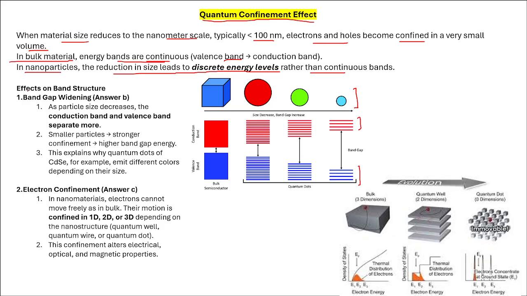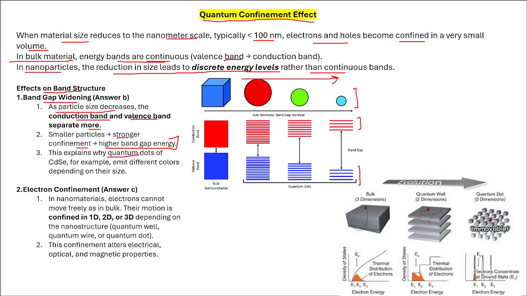So what happens to the band structure? There is band gap widening. As the particle size decreases, the conduction band and valence band separate more. Smaller particles exhibit stronger confinement and higher band gap energy.